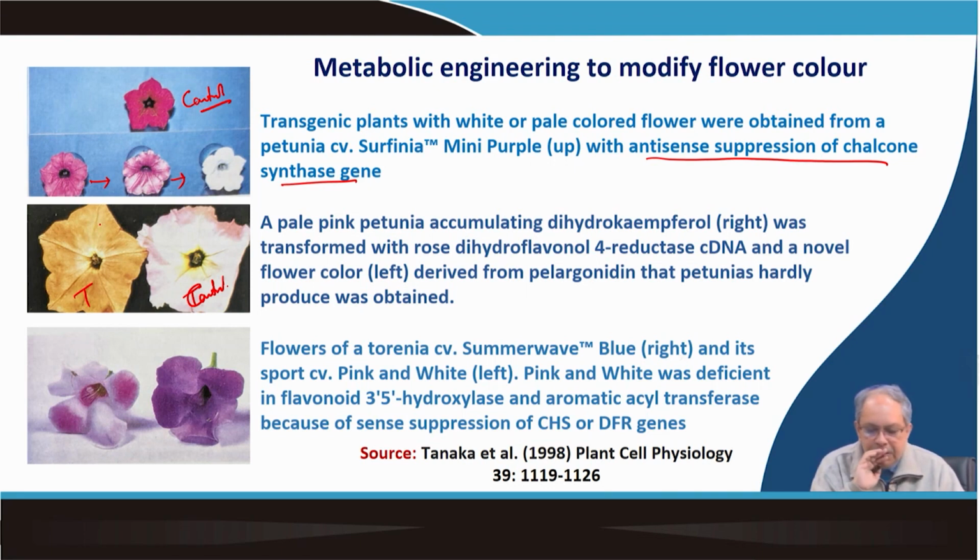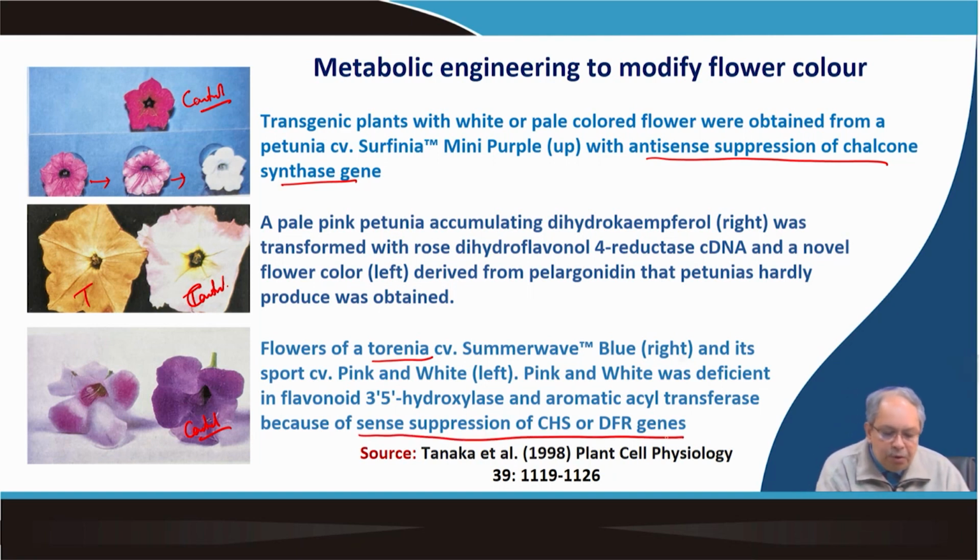And the third one is this, that here this is the control. It normally produces this bluish color, this is Torenia which produces bluish color, and this is a variety called Summer Wave. What they have done basically is sense suppression of CHS or DFR.